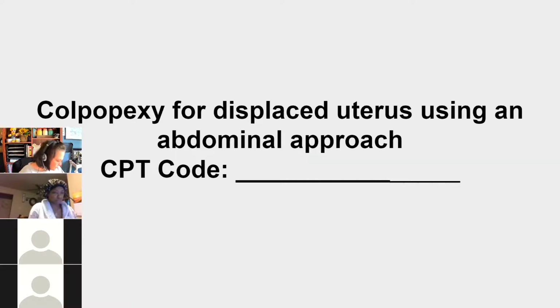It's on page 1069. Goodness, Miss Wanda, you're fast. So when we look under that category colpexy, we have three choices: abdominal, laparoscopic, and vaginal. So that's going to be the approaches. So what approach did we use here?